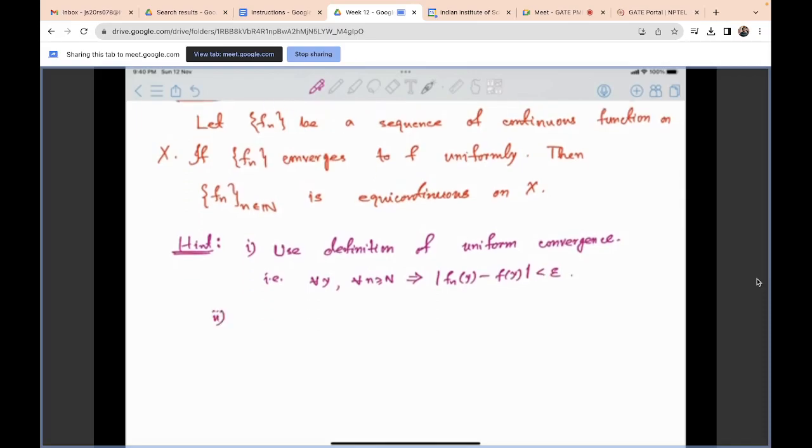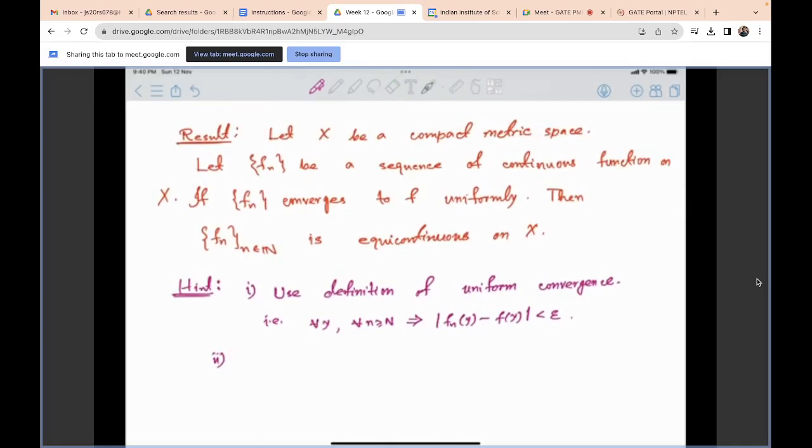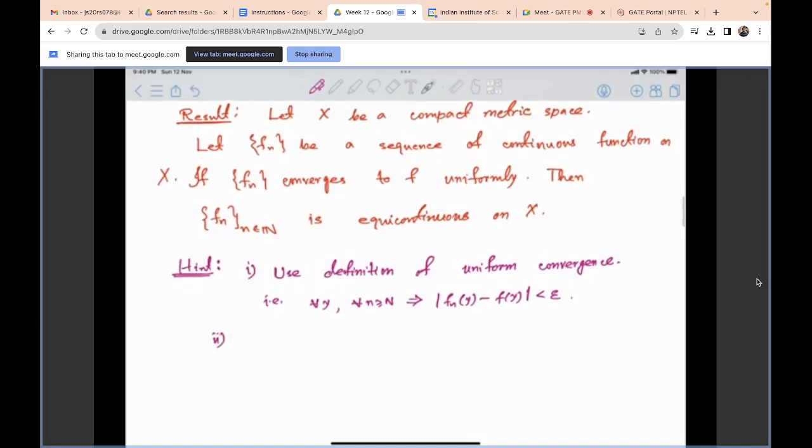And second, use that fn is a sequence of continuous functions. If they converge uniformly, then f will be continuous. This is the standard result.